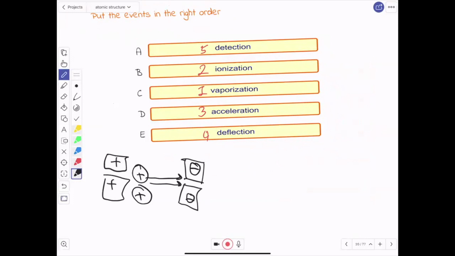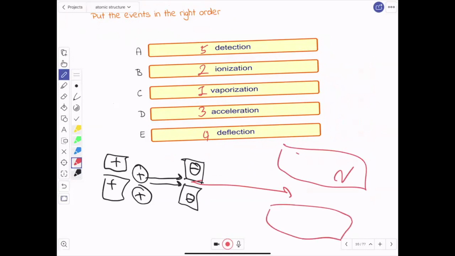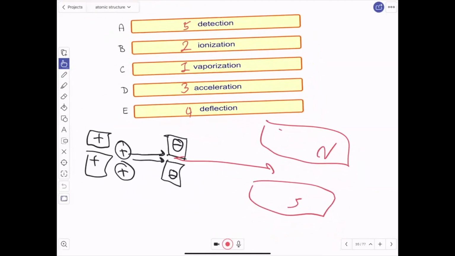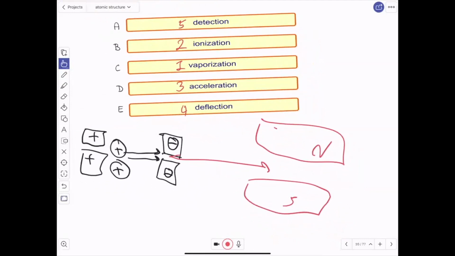So the ions run really fast. Then I have a magnet, north, south here, that deflects them based on their masses. So the heavier, the less the deflection is. And finally, we detect those ions.